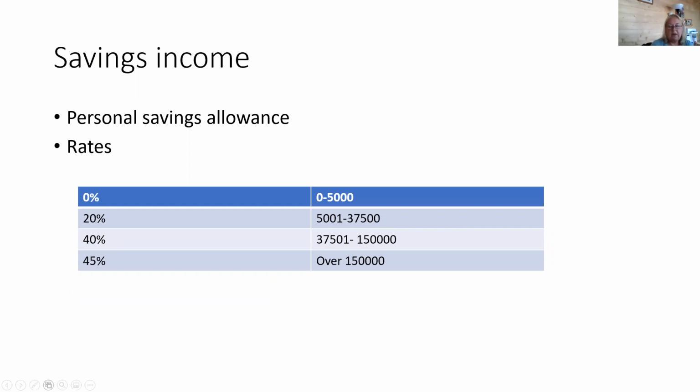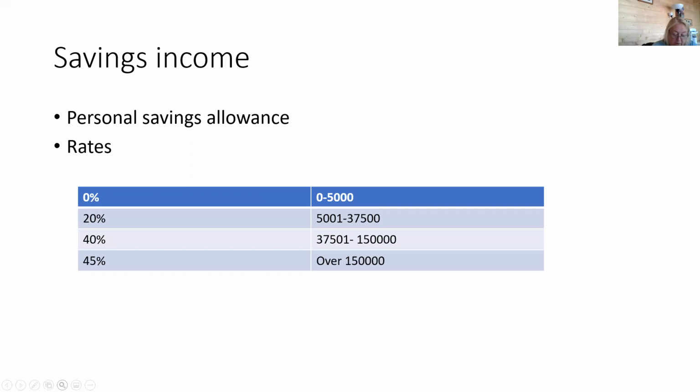You tax non-savings, non-dividend income first, then you tax savings income, and then finally you tax dividend income if you have any. Okay, if you don't have any savings income, obviously you go straight on to dividend income. But if you've got income from all sources, it's non-savings, non-dividend income first, then savings income, then dividend income.